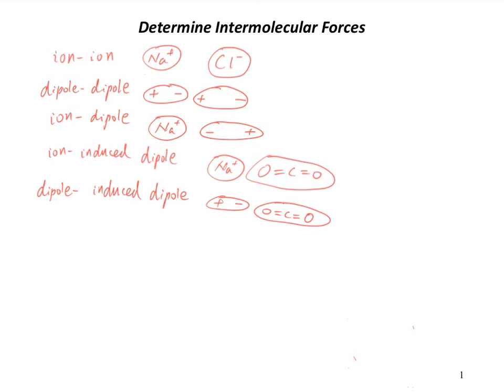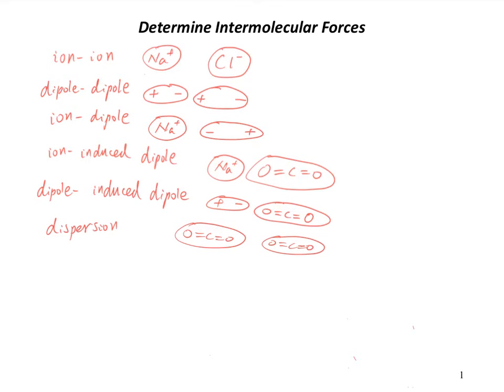Then the next one is dispersion. This is mainly between nonpolar molecules, and this universally exists and is also the weakest.